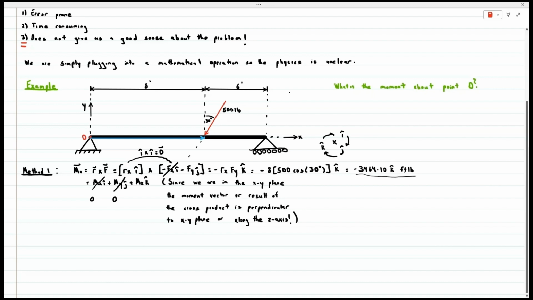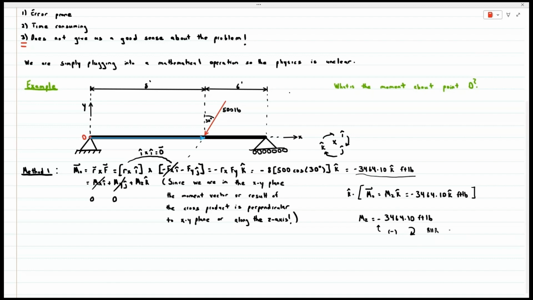Now, if we recall that moment is only along one axis, and it makes sense that it's along one axis because we're in the Cartesian plane, the XY system. If we project this vector onto the z-axis, and it's fully in the z-axis, what we'll get is just a negative 3,400 foot-pounds. What does this negative mean? The negative means that if we point our thumb in the direction of the negative z-axis, our four fingers will curl in a clockwise fashion.